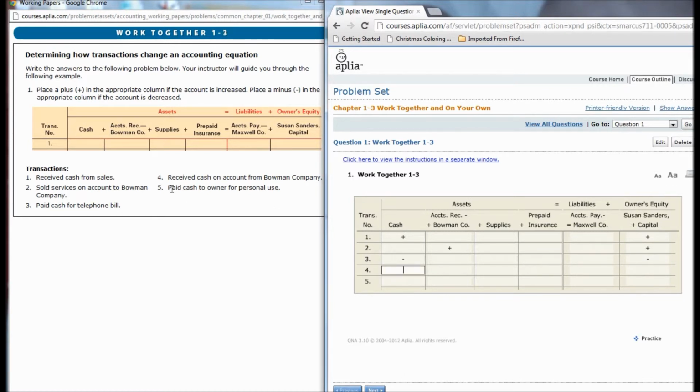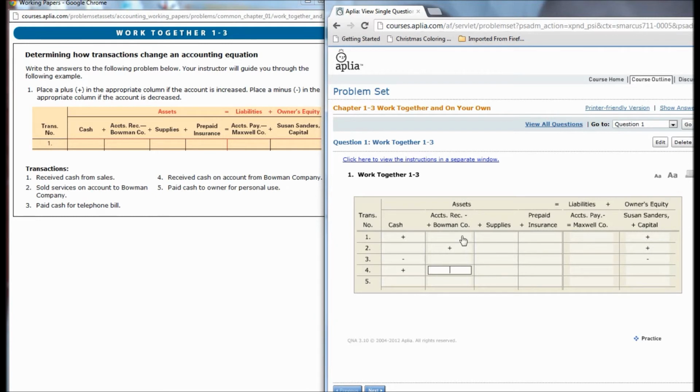All right, number 4, received cash. Again, we're going to break this down. Received cash, cash is an asset, cash goes up. Now, on account from Bowman Company, we're receiving cash from a customer that previously owed me because they had not paid me for what I had done for them.